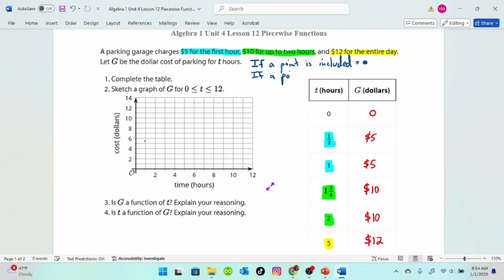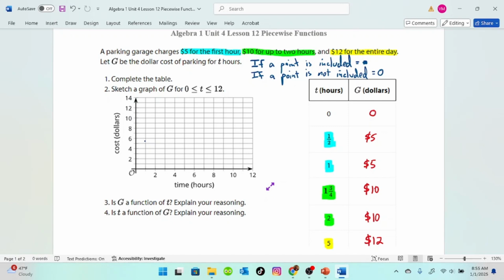If a point is not included, we use a hollow point.